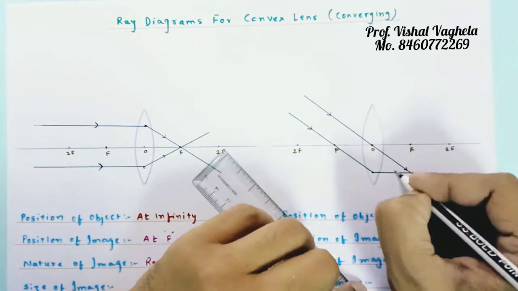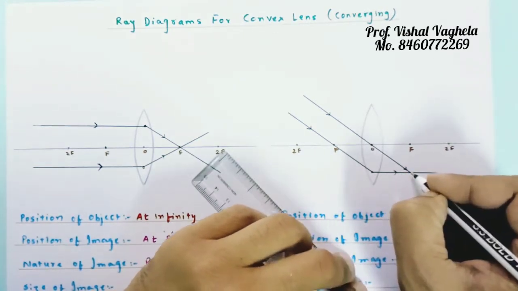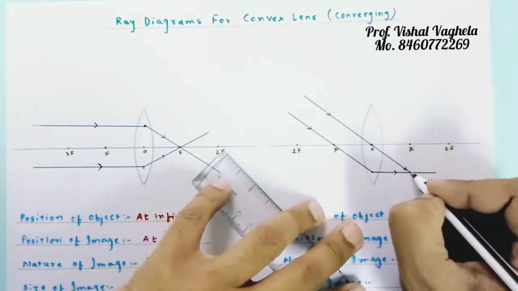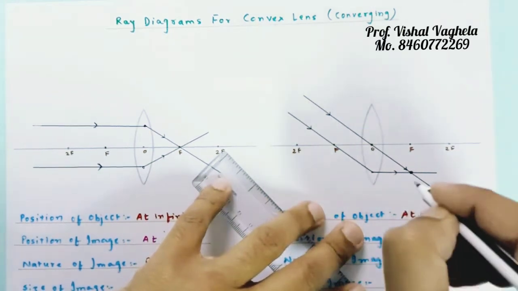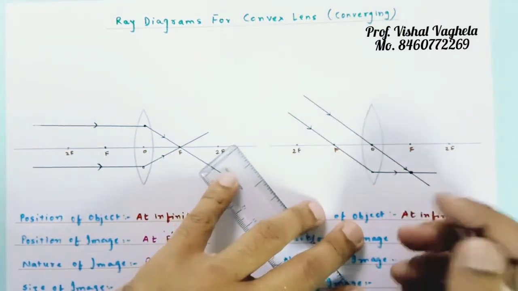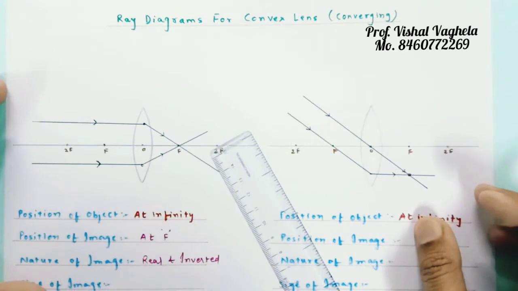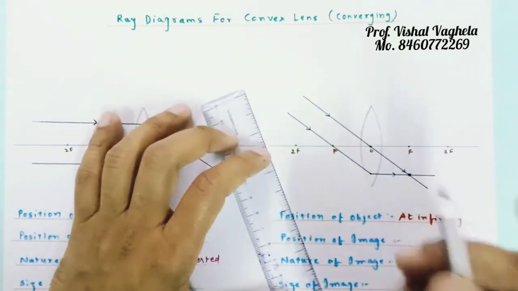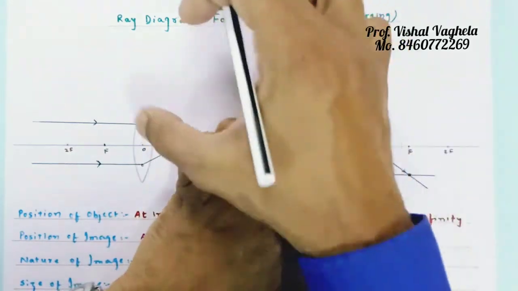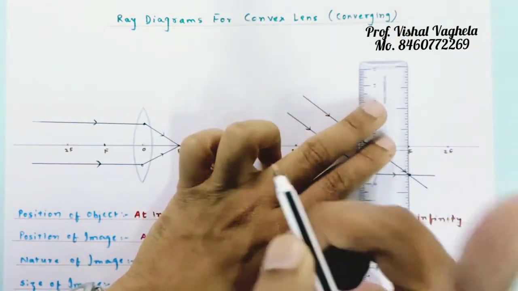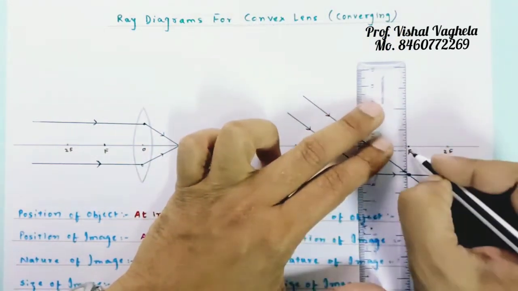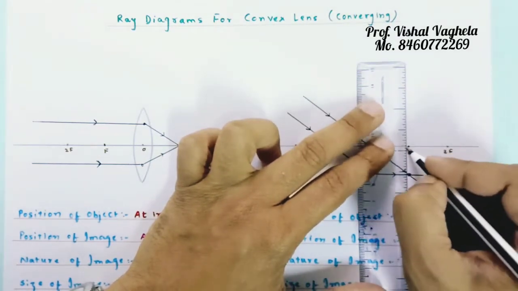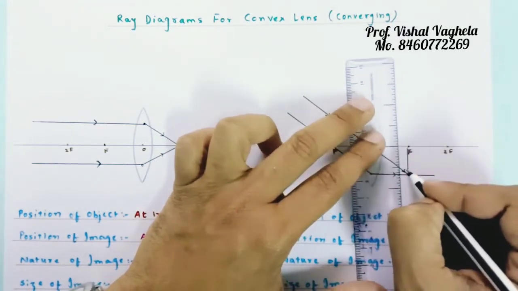Now we know that the point of image formation is the point where refracted rays meet. Here the refracted rays are actually meeting, so the image would be real, and real images are inverted. If we consider the object to be an arrow, we have to show objects as an arrow. Here the image would be inverted.